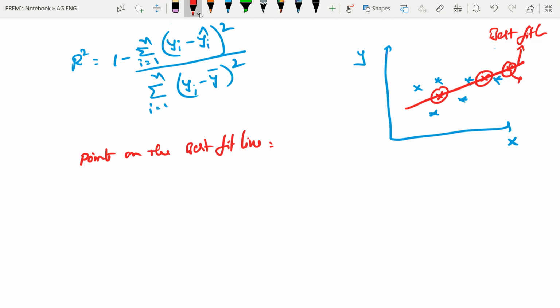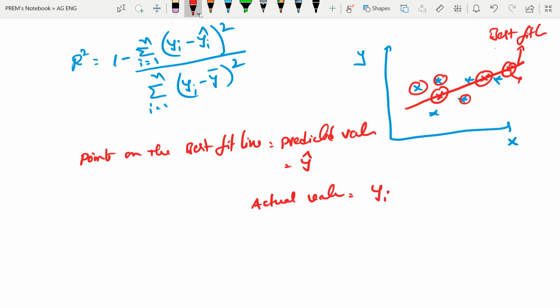The points on the best fit line are the predicted values, defined by the symbol y hat. The points outside the best fit line, these blue stars, are the actual values, defined simply as yi.